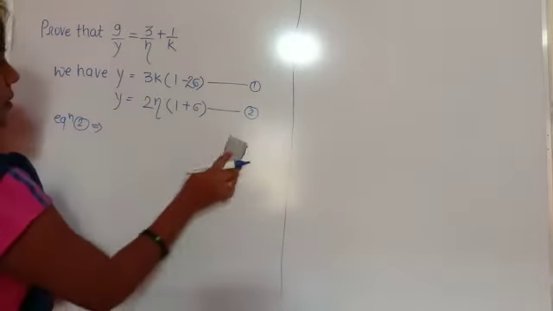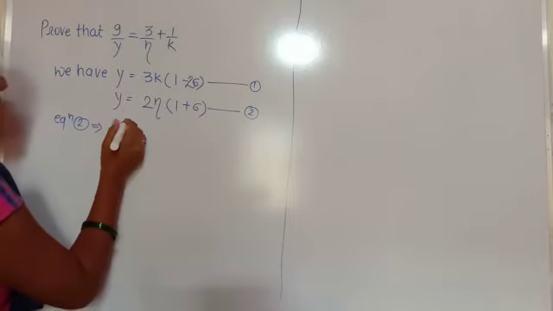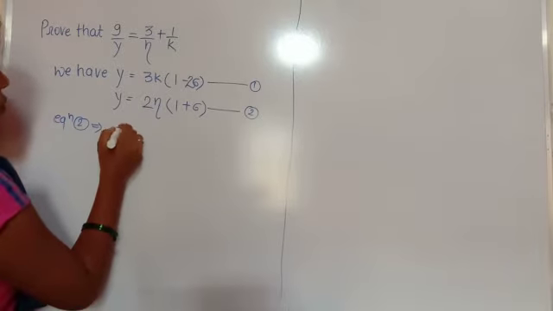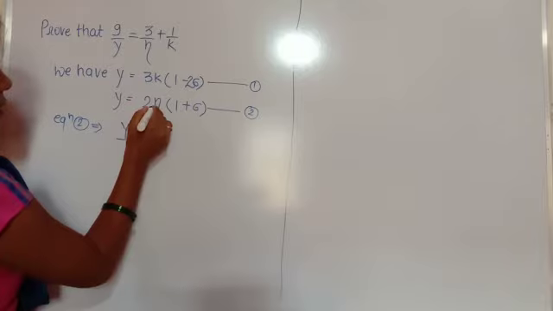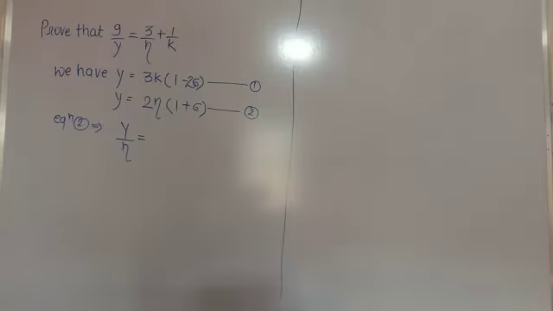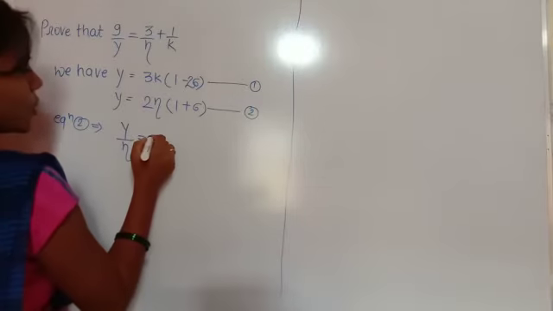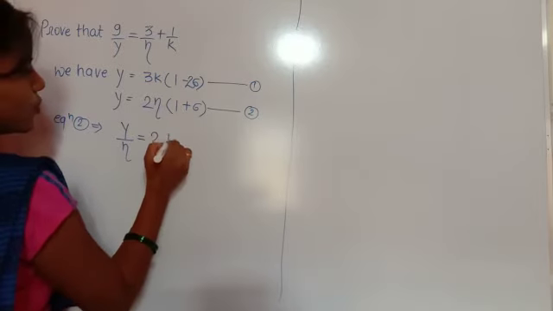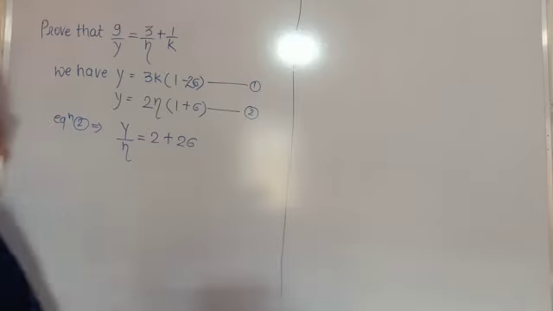We use another method, that is, directly calculating Y by eta equals 2 plus 2 sigma.